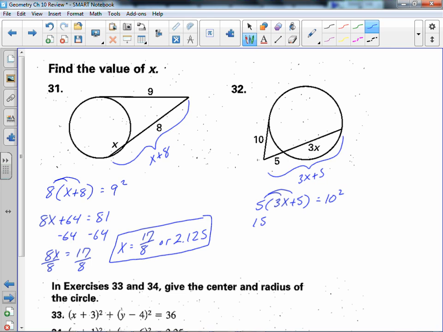Distribute the 5, we get 15x plus 25 equals 100. Subtract 25 from both sides. So 15x equals 75. Divide by the 15, and we get x equals 5.